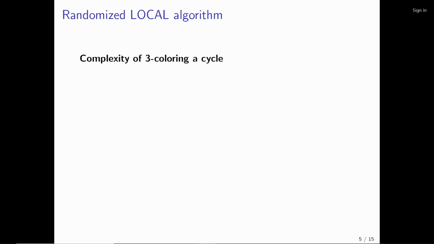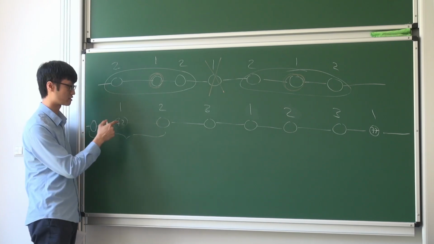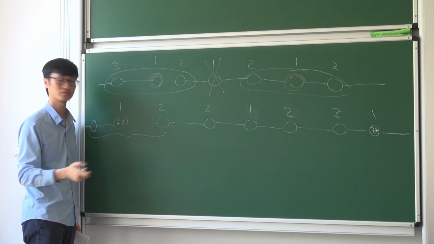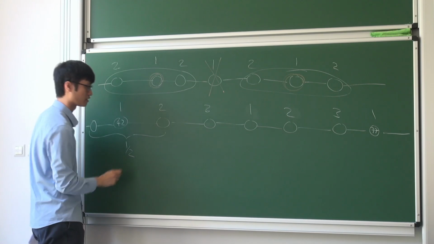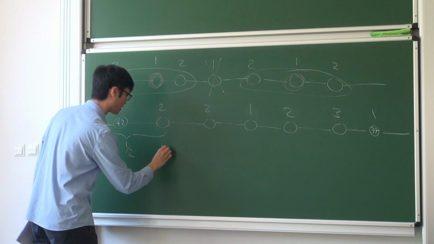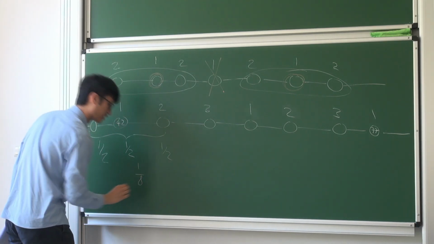Now, let us try to analyze this a little bit. What is the communication complexity here? Each vertex is colored 1 after the first round with probability 1/8. For example, you take this vertex: it stays with color 1 if it had chosen color 1 first of all, so 1/2, and its neighbors must not have chosen color 1, so 1/2, 1/2, and this gives you a chance of 1/8.